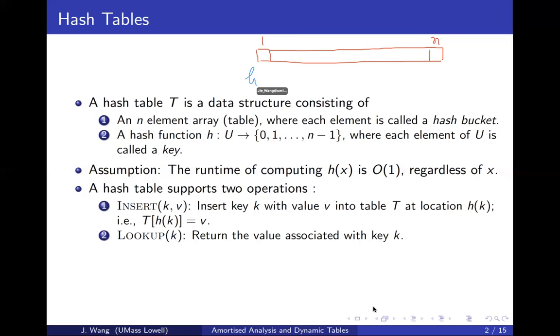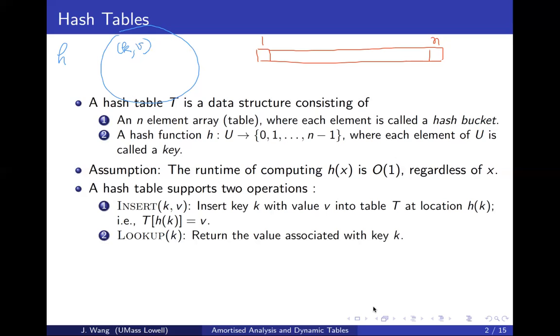So this h will map a universe, the values for keys that you want to store. So you have a key value k, and you have the actual items under that k.